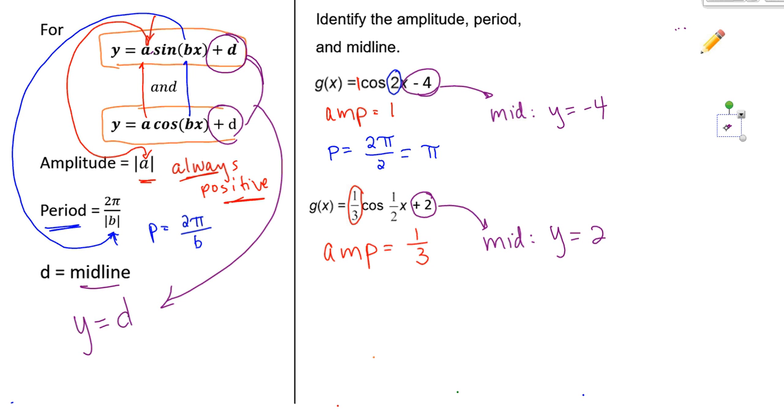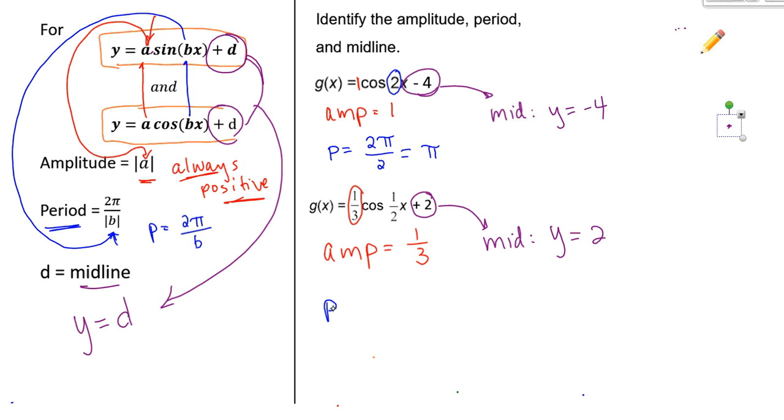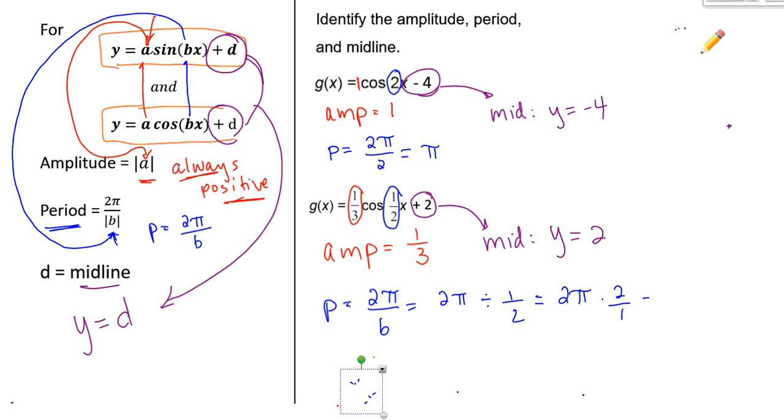You have to actually say y is 2 so that they know it's a horizontal line. Okay, blue for period. Again, period is a formula, 2 pi over b. You have to identify b, and that's the number next to the x. 2 pi divided by 1/2. Again, fractions, I hate writing them as a fraction over a fraction. I would rather write it out horizontally. So 2 pi times, flip the 2 over 1, and our period for this guy is 4 pi.